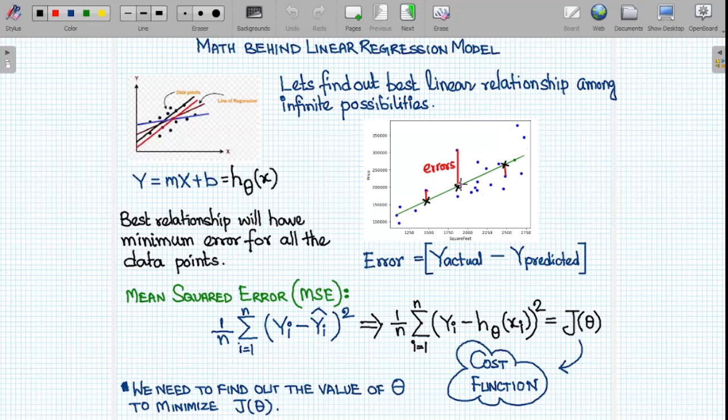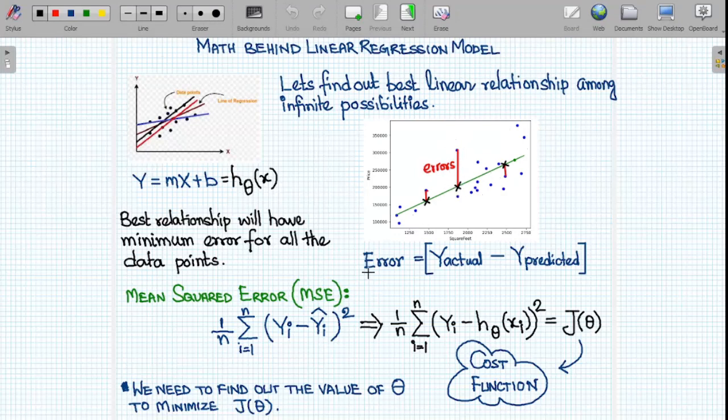For example, if you see here, the predicted value is along the green line and the actual value is the blue dot. The error is the difference between the actual value and the predicted value.